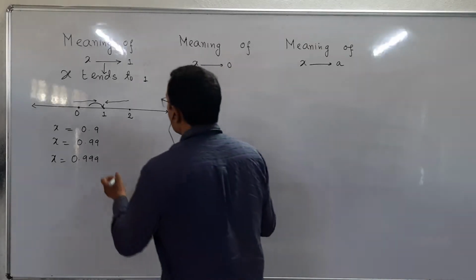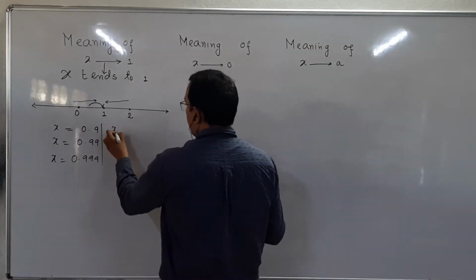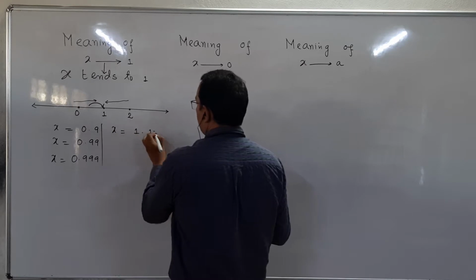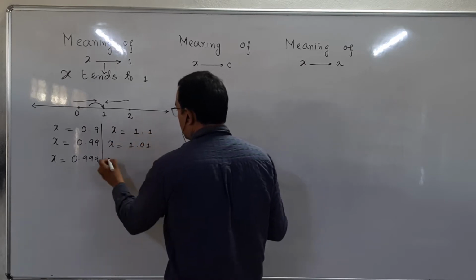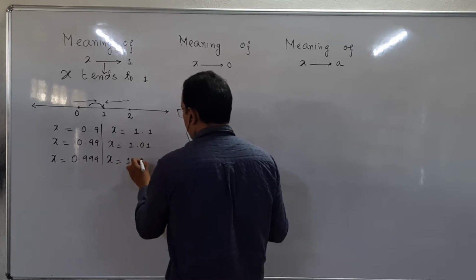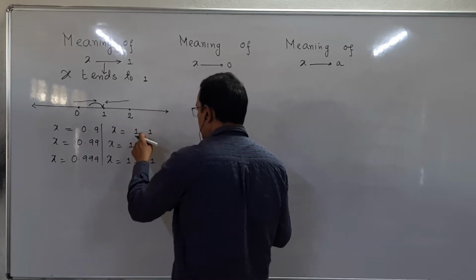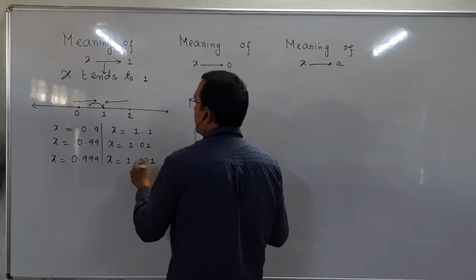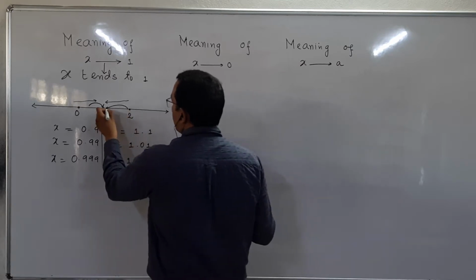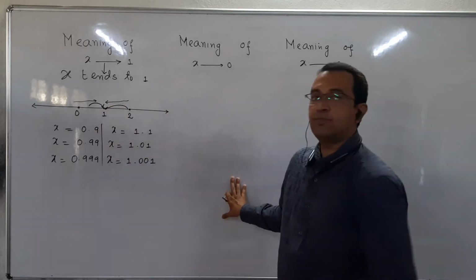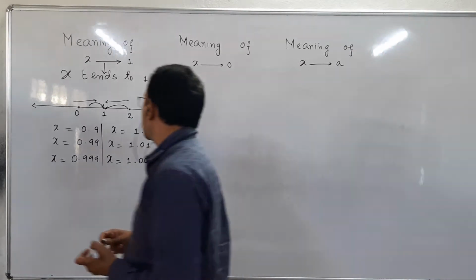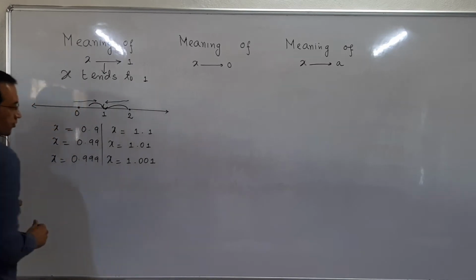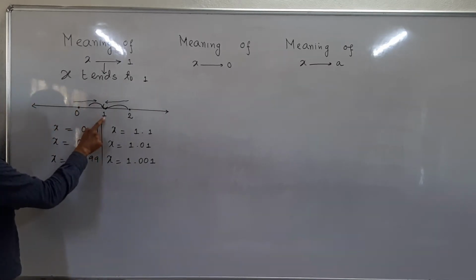If I am approaching from right side, then I can take x as 1.1, x as 1.01, x as 1.001. Slowly I am decreasing the values of x, and from right hand side, students, I am approaching 1. So on a number line, the real number 1 can be approached from two sides.